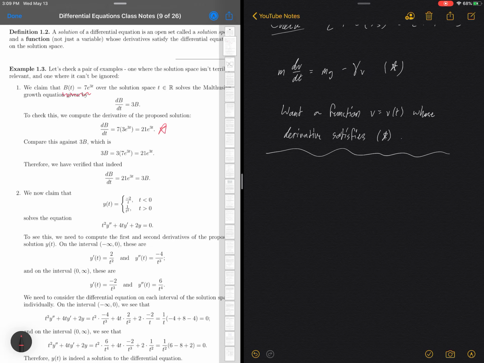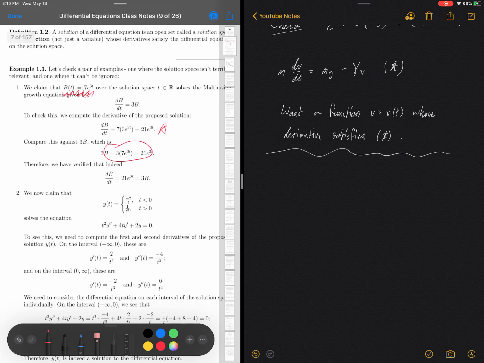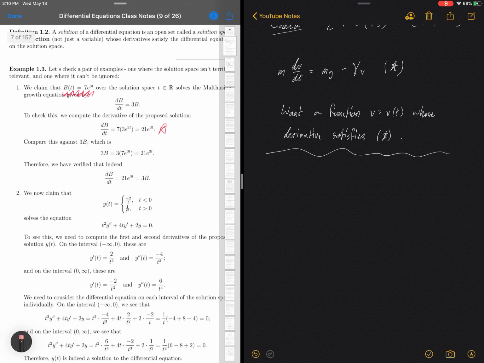And that winds up giving me a derivative that looks like 21 times e to the 3t. Now, if I instead compute what happens if I multiply this b function by 3, that is exactly 21 times e to the 3t. So if I multiply the function by 3, that is the same thing as differentiating the function.